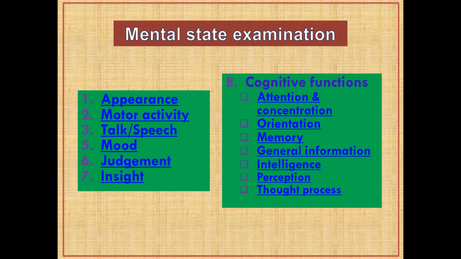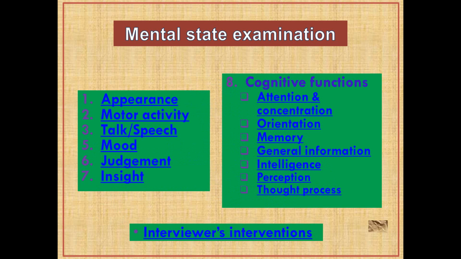Under cognitive functions there is attention and concentration, orientation, memory, general information, intelligence, perception and thought process. These look to be very long, but in fact it is compartmentalization which helps us greatly. And finally what the interviewer should do and what he should not do has been listed under interviewer's interventions.